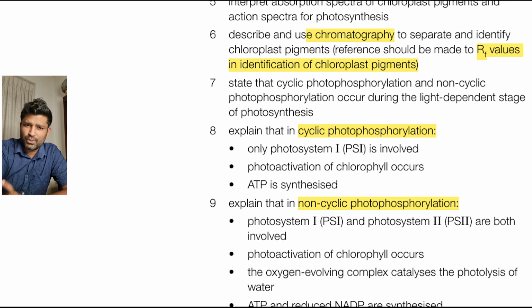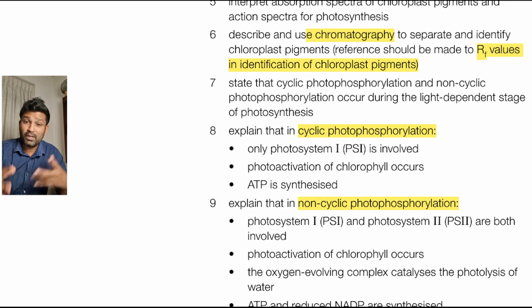In terms of photosynthesis, again, a question on cyclic photophosphorylation and non-cyclic photophosphorylation. This means that you could be given a picture of the thylakoid membrane, and you might get to label the parts that are involved in the cyclic and non-cyclic photophosphorylation.